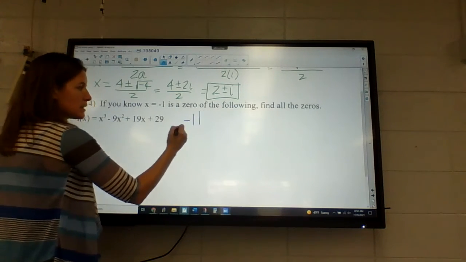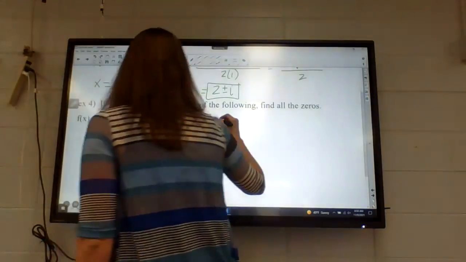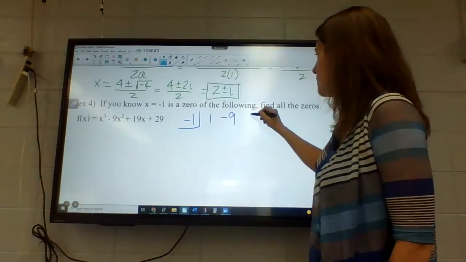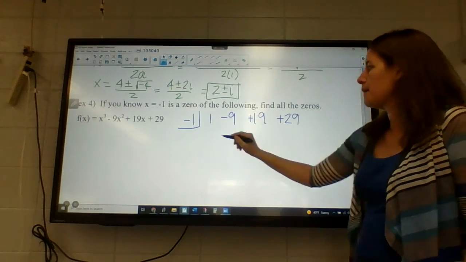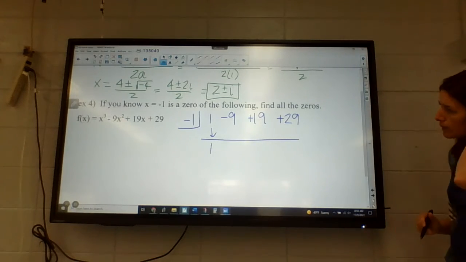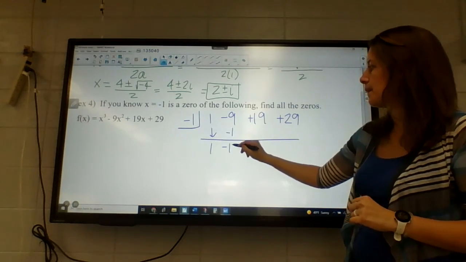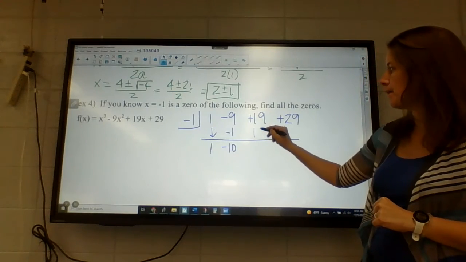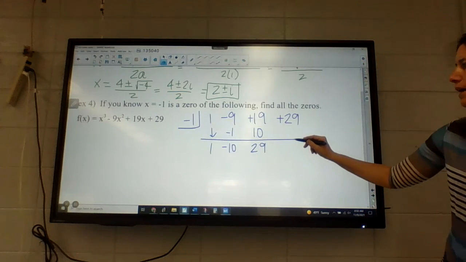So -1 is a 0, so I don't have to change anything about it. I take all our coefficients. And multiply. And multiply.